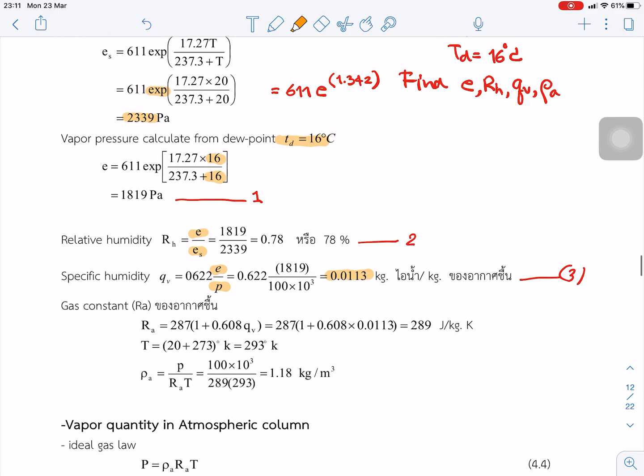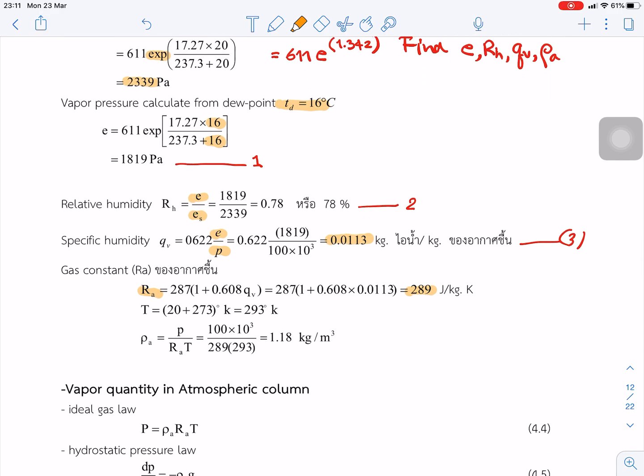And then we can estimate the gas constant for the moist air, 289, and the temperature in Kelvin, 293 Kelvin, and we can estimate the density of the air, about 1.18 kilogram per cubic meter.